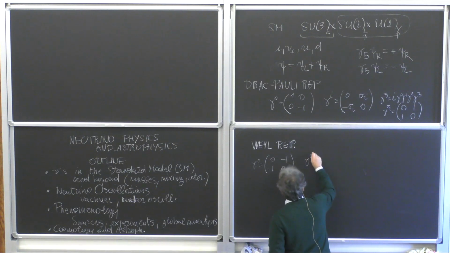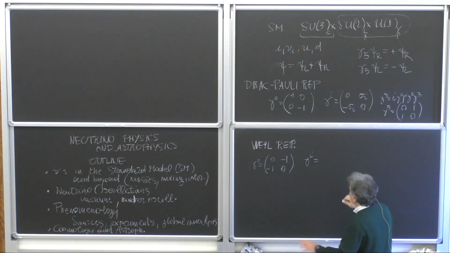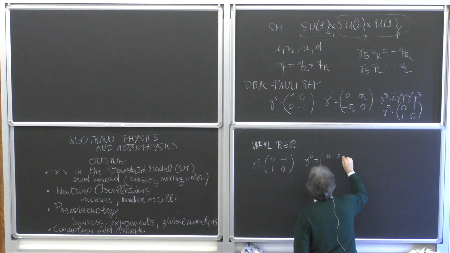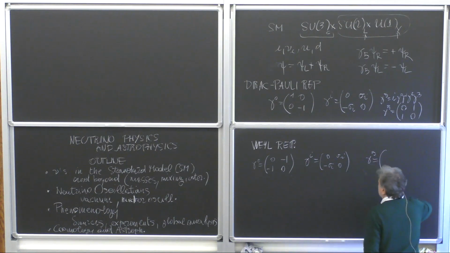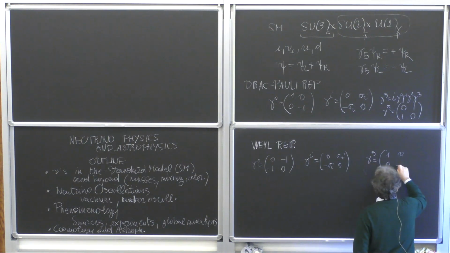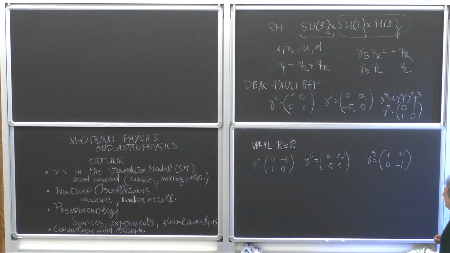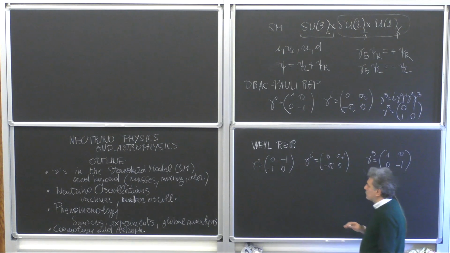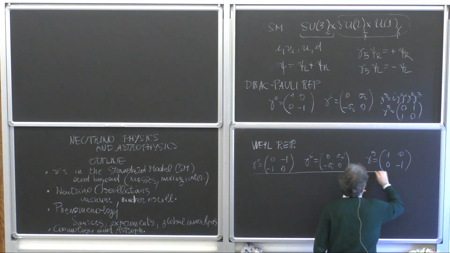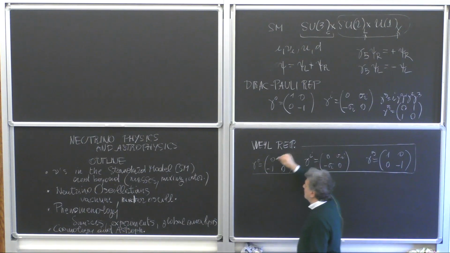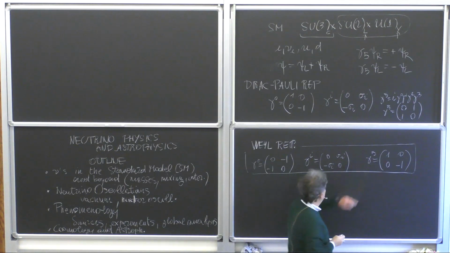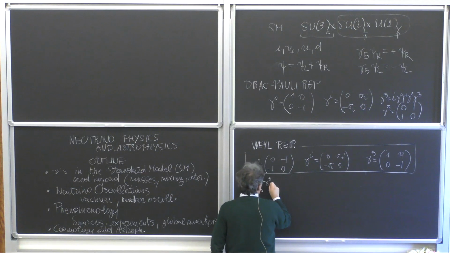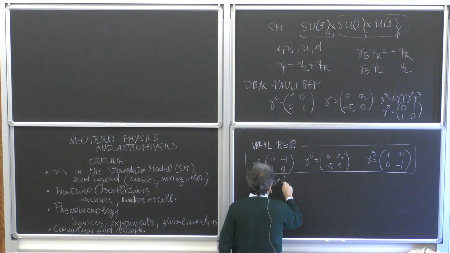Gamma i, with i equal to 1, 2, 3, are the same. And gamma 5 is (1, 0; 0, -1). So this is the representation we will use. And also remember that gamma 5 anti-commutes with all gammas.